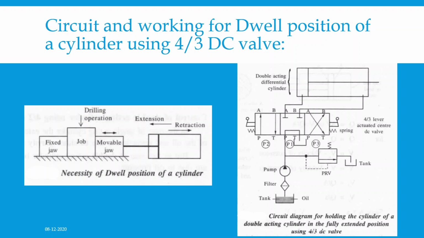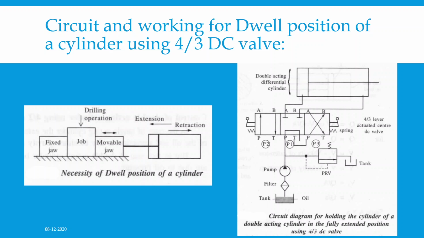All other connections, that is, the connection of the pump to port P along with the pressure relief valve, and port T of the valve to the tank, are standard in most hydraulic circuits. Upon working, the 4 by 3 DC valve in position 1, the normal position, has port P connected to T and A and B closed, which you can observe in the figure very clearly. In this position, the cylinder will be in retracted position.